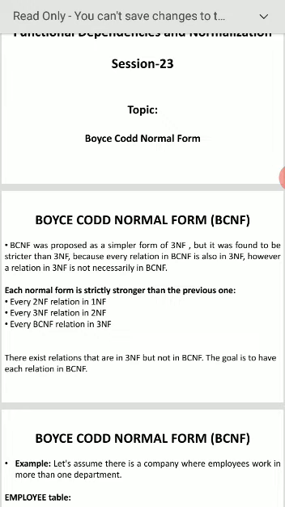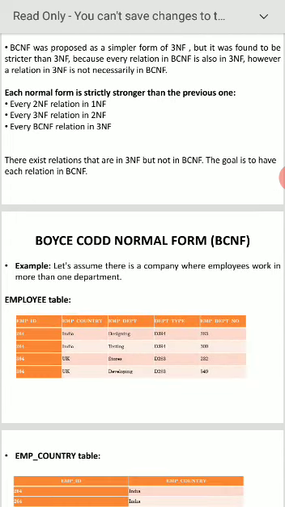Let us see one example here. Let us assume there is a company. Company means there are employees. Employees will work in many different departments. You take an employee table. The employee table contains employee ID, employee country, employee department, department type, employee department number.